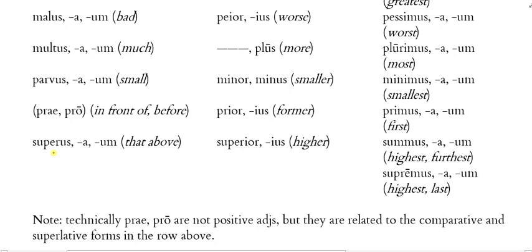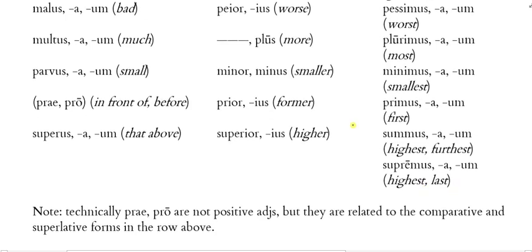And then we have superus, that above, superior, superius for higher, and then two possibilities for the superlative for these, summus for the highest or the furthest, and supremus for the highest or the last.